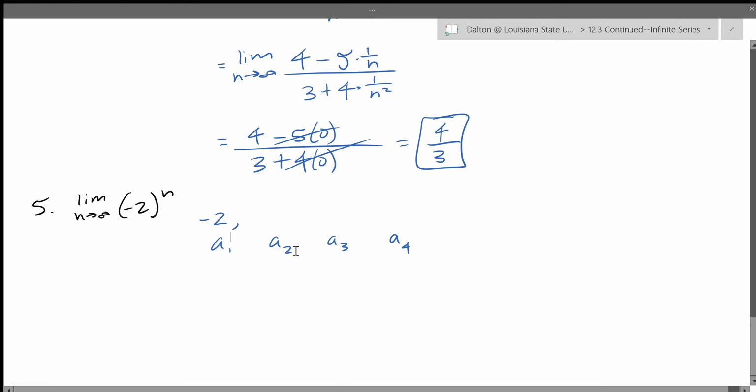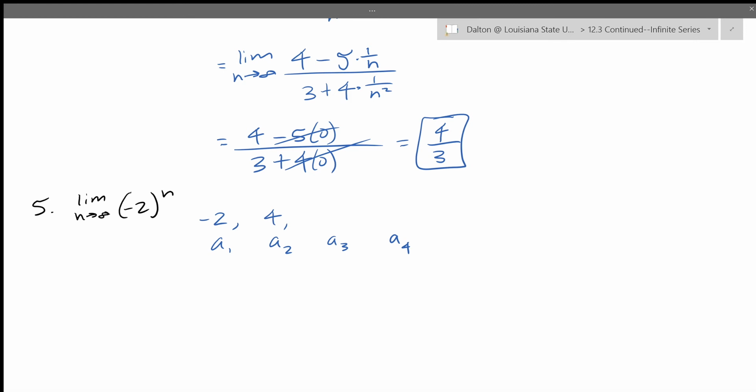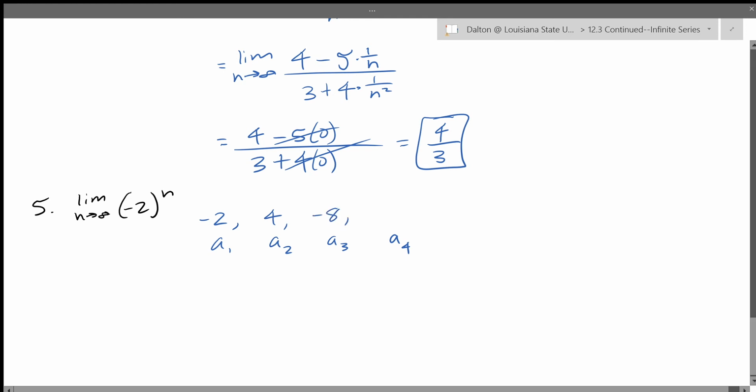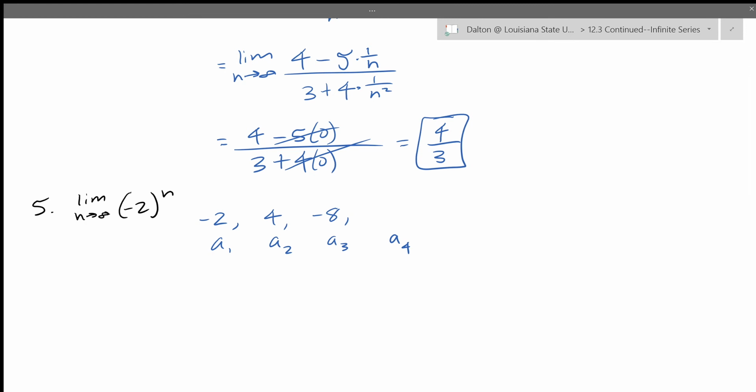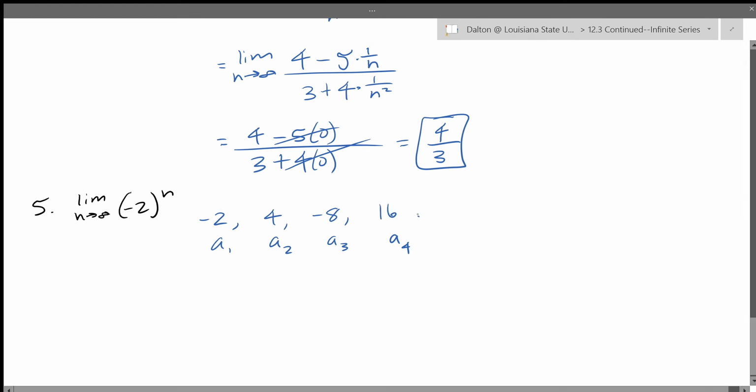Then I plug in 2. -2 squared is -2, because it's in parentheses, times -2, which is +4. And then -2 cubed is -2 times -2 times -2, which is -8. And then -2 to the fourth power is -2 times -2 times -2 times -2, which is a +16.